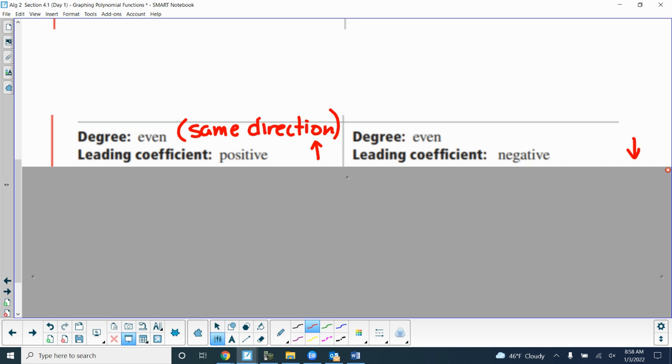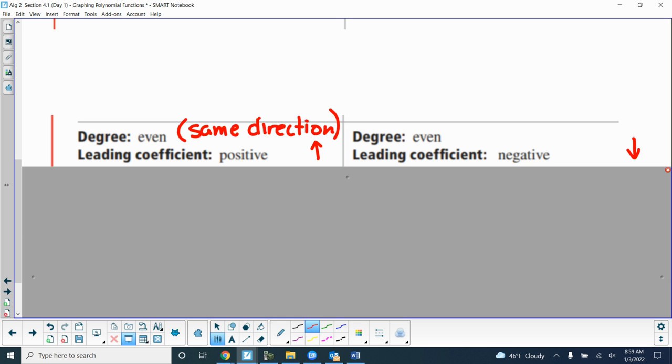So quadratics, what's the exponent? What's the degree for the parabolas? 2. What kind of number is 2? Even. What do parabolas look like? Both up, U's, or both down, hills, right? Because the degree was 2, even. They're going in the same direction.